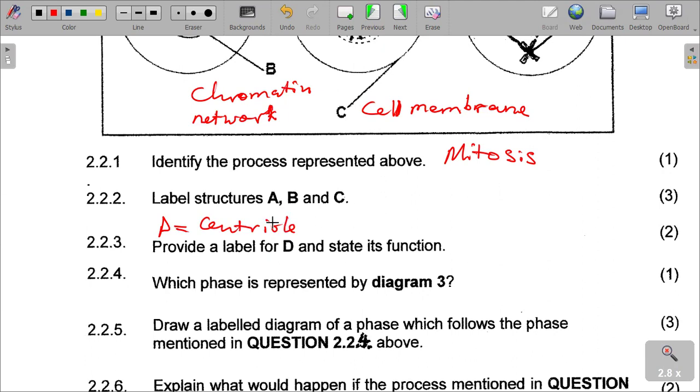And its function is to provide spindle fibers to hold the chromosomes.